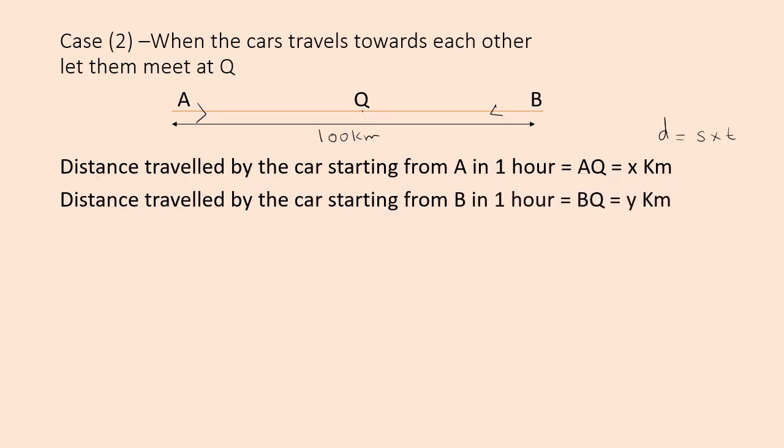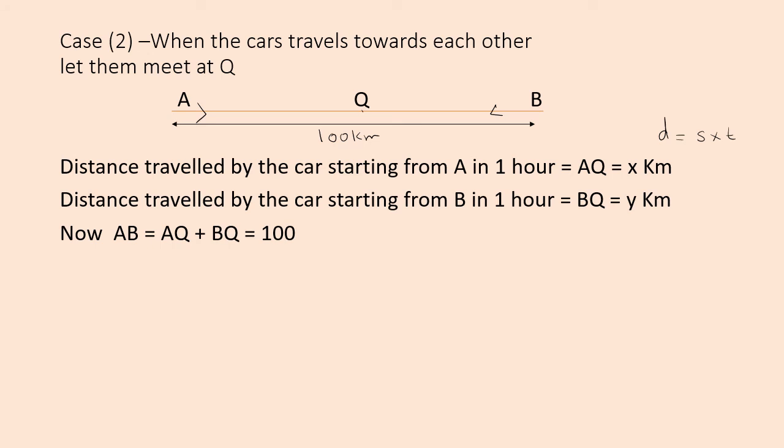In the same way, the distance traveled by the car starting from B in 1 hour, BQ, equals speed multiplied by time. The speed is y and the time is 1 hour, so 1 multiplied by y is y kilometers.